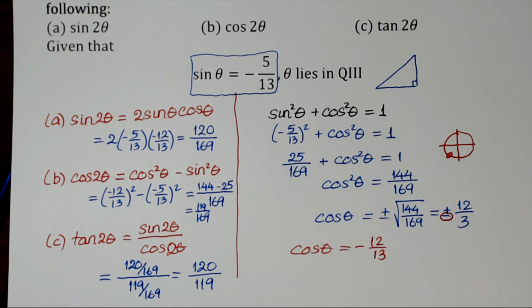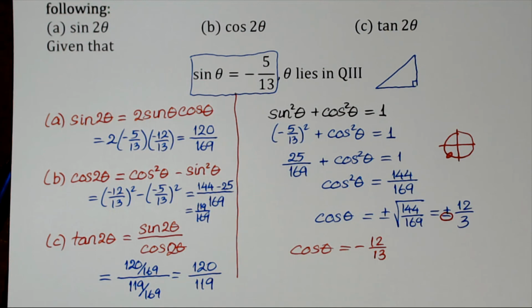And then tangent of 2 theta, which is 120 over 169 divided by 119 over 169. Multiply by the reciprocal, we should have 120 over 119.